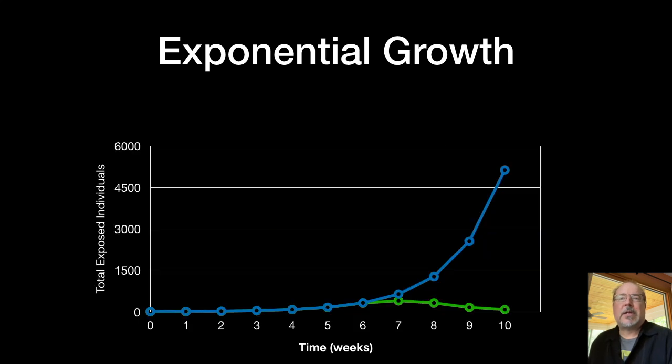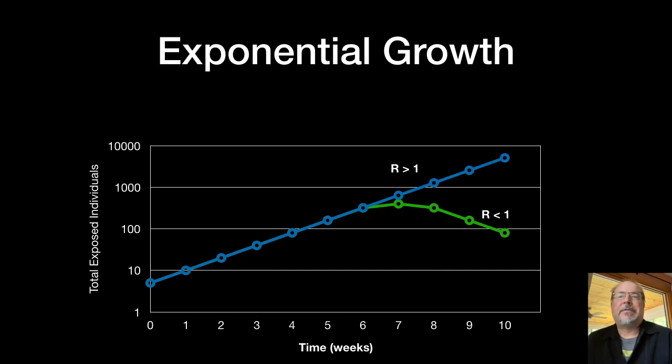You've probably seen this graphed in ways that show this exponential growth, where we have in blue here an exponential growth that's able to double every week in this example. The graph now shows exponential growth as a straight line.